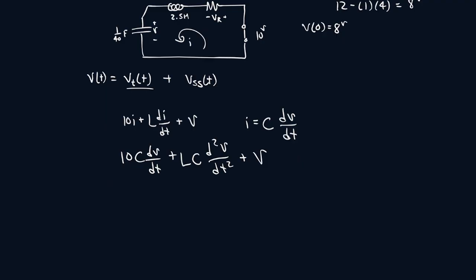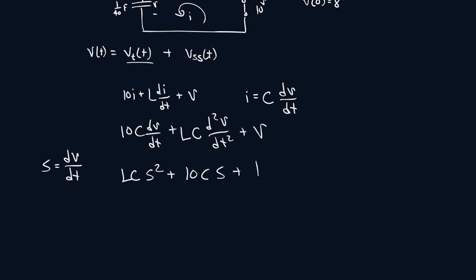Okay, so now what I'm going to do is set S to be equal to d over dt. So it will be LC S squared plus 10C S plus 1.